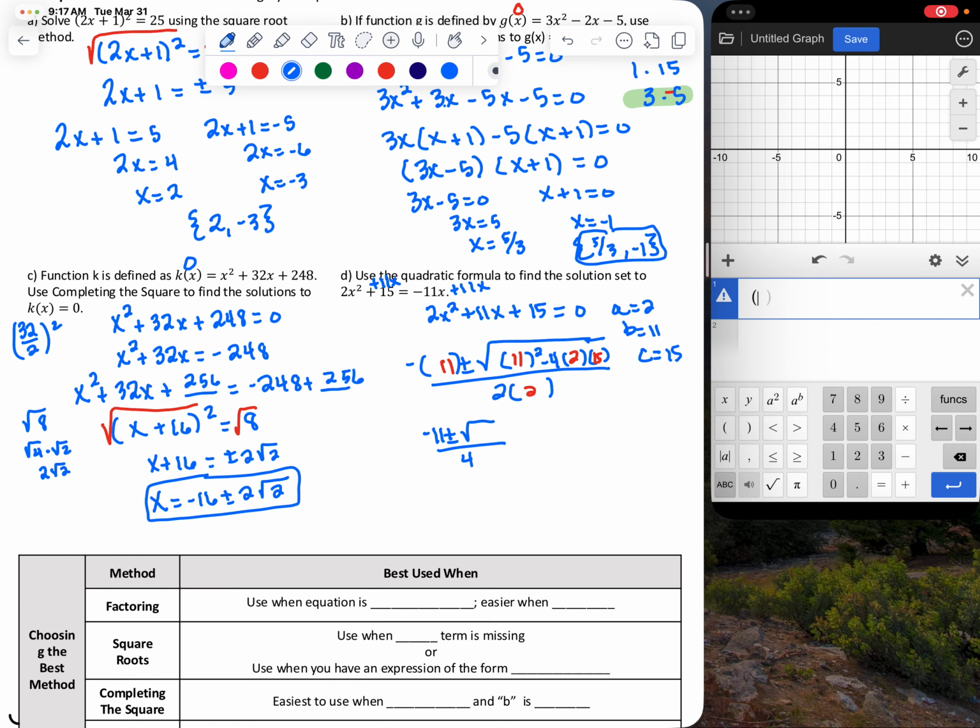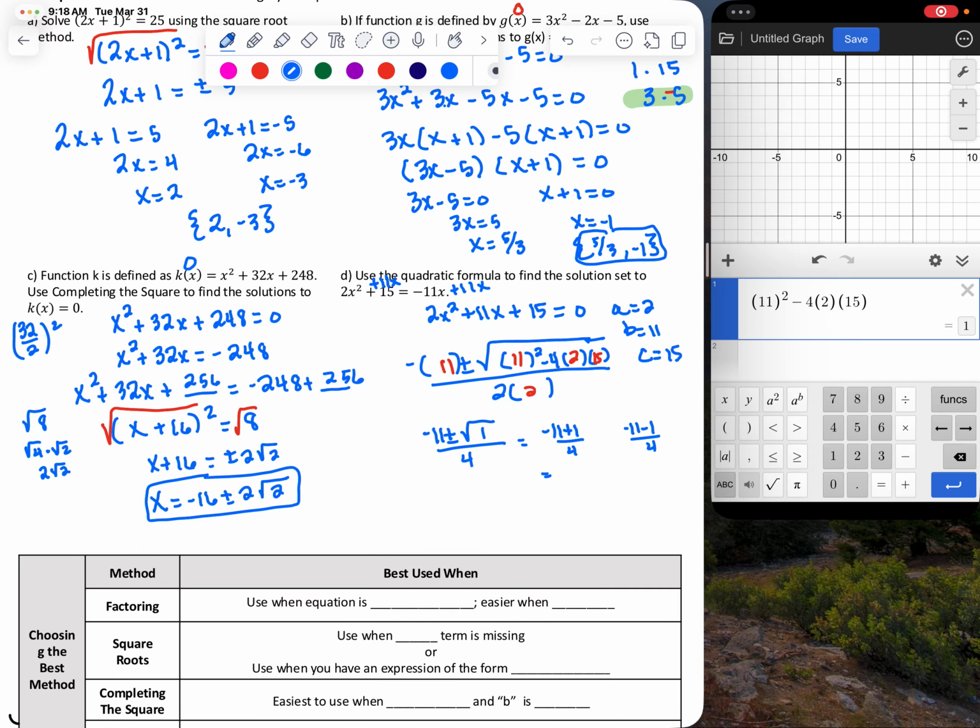Now let's see what goes under my square root. 11 squared minus 4 parenthesis 2 parenthesis 15, and that gives me 1. So the square root of 1 is a perfect square. So this would be negative 11 plus 1 over 4, or negative 11 minus 1 over 4.